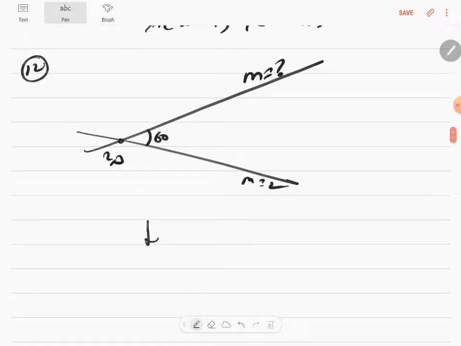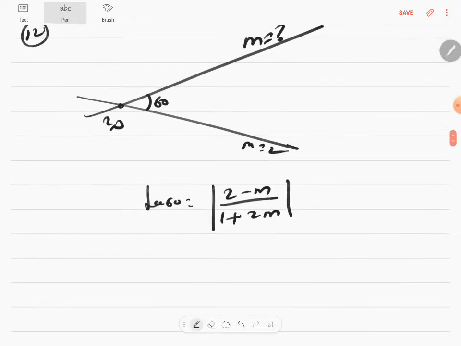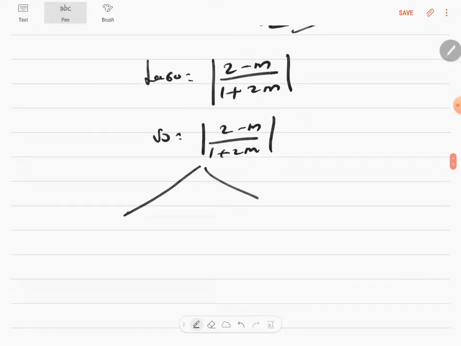And you know tan 60, that is tan theta, is mod of (m2 - m1) by (1 + m1 m2). Considering one is 2 and the other is m, tan 60 itself, root 3, is equal to (2 - m) by (1 + 2m). Now when you remove the mod, it can be plus root 3 or minus root 3.